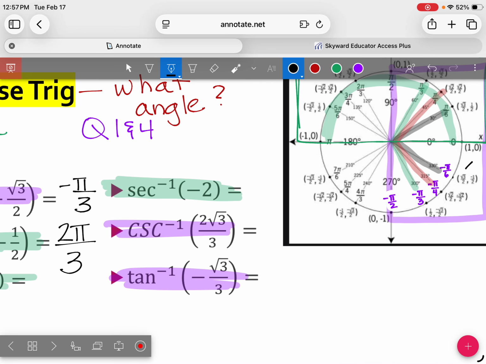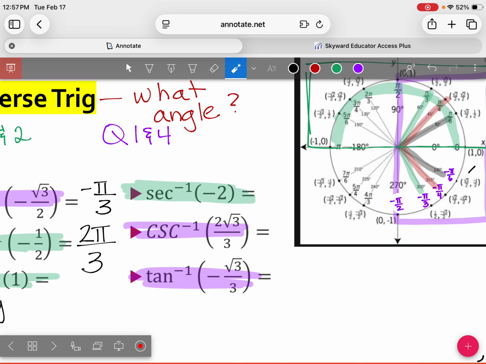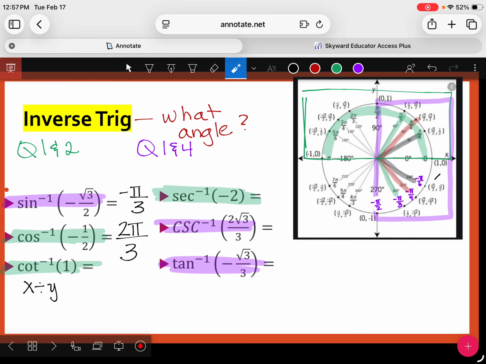So I'm looking for, again, one of these answers that you see highlighted in green. But because it's a positive one, I know I'm over here. Which one of these three angles, pi over 3, pi over 4, or pi over 6, has a cotangent of positive 1? Pi over 4. All right, let me pause right there. Any questions about the first three?